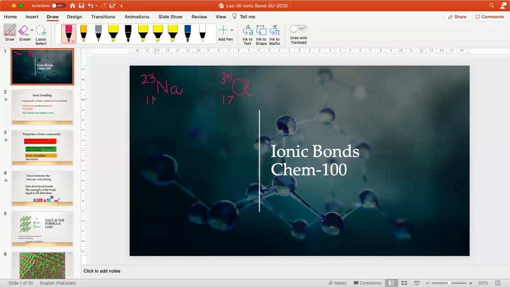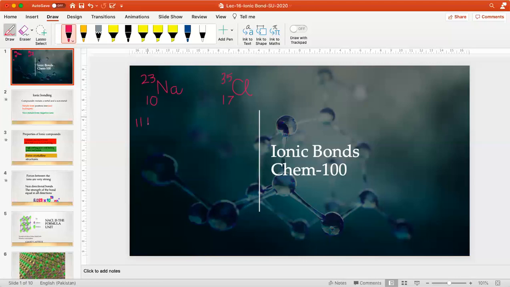Sodium will give away its one electron. In doing so, the resulting protons will be 10. Okay? Total how many were there? 11.